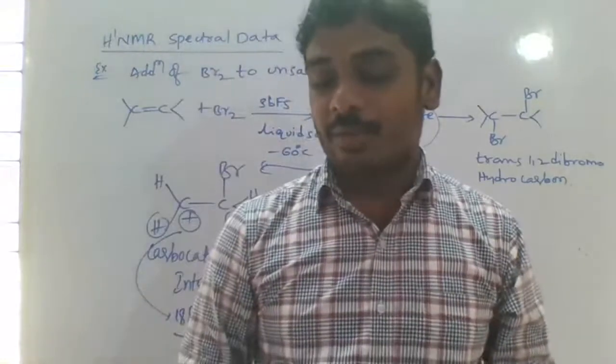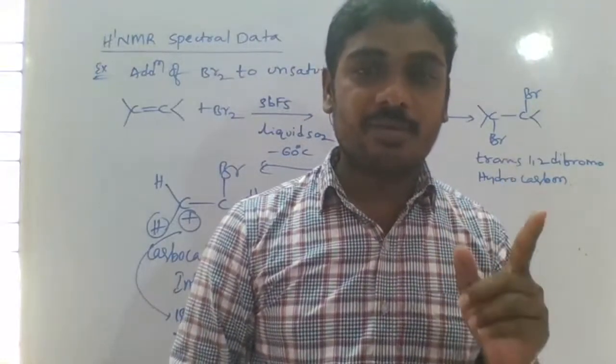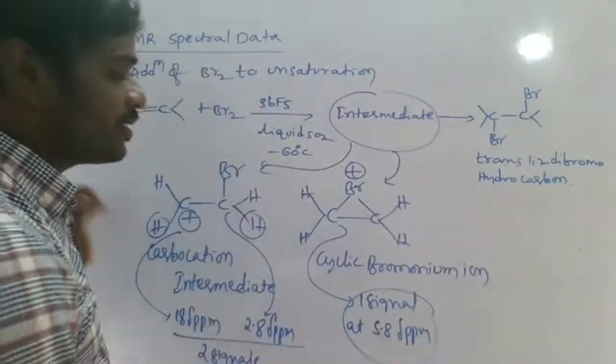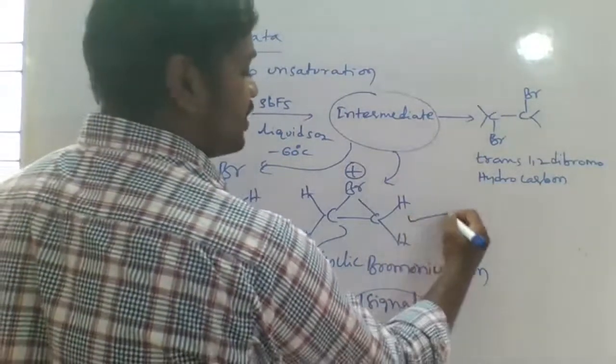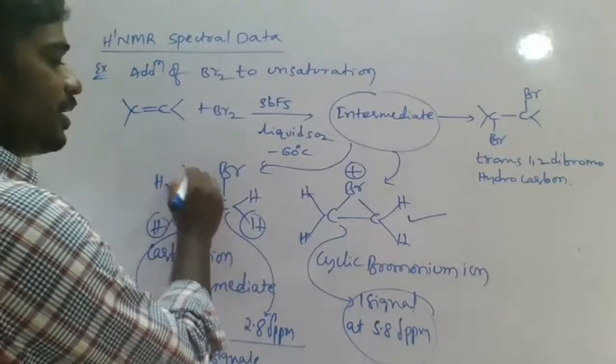One intermediate gives two signals in H1 NMR, and the other intermediate gives only one signal. Real H1 NMR studies show that the intermediate gives only one signal corresponding to the protons. So which mechanism is correct? The cyclic bromonium ion mechanism, via a cyclic bromonium ion intermediate, but not the carbocation intermediate.